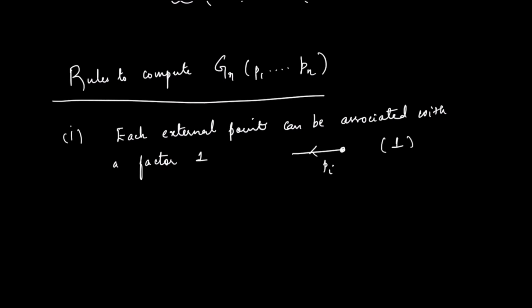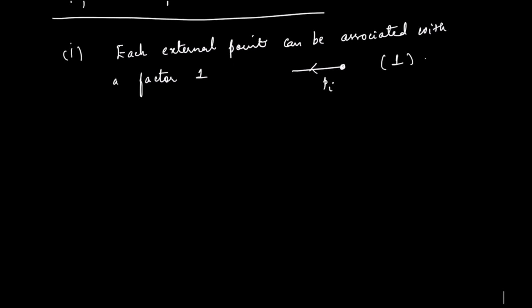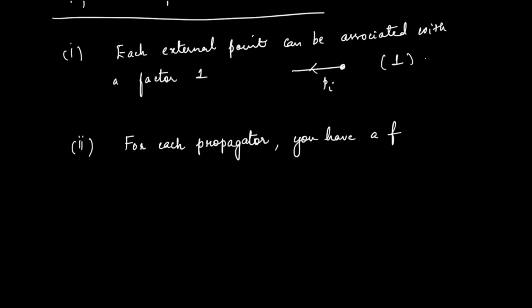Okay? For each propagator, you have a factor -i / (p² + m² - iε).